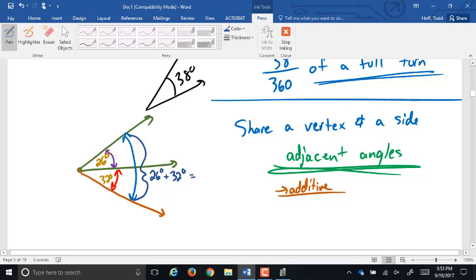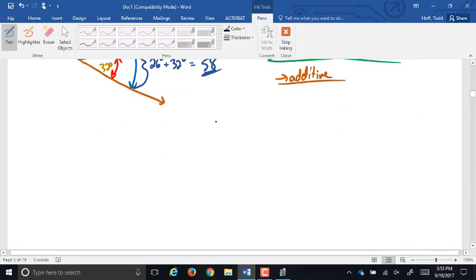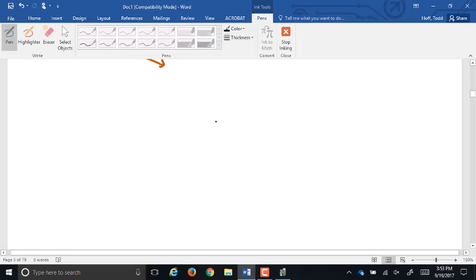Yeah, adding them together. 26 plus 32 is 58 degrees. Now, I said subtractive. Subtraction is just part of addition, so it's really just additive looked at in a different way.